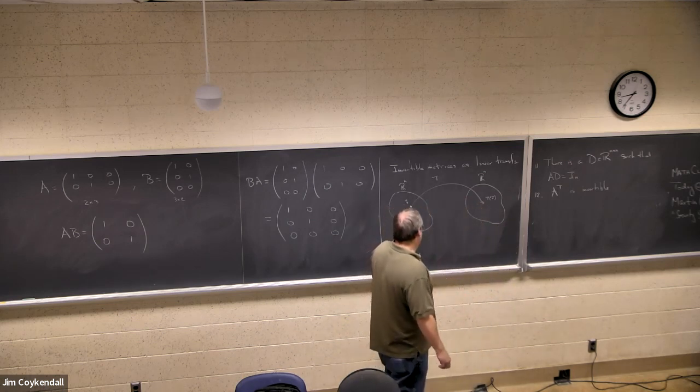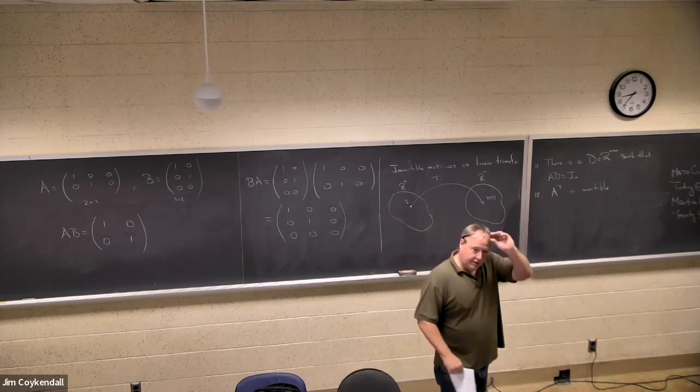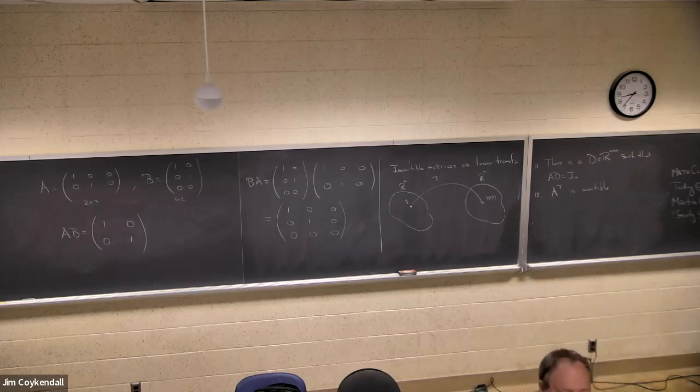What is an inverse? What happens when you multiply a matrix by its inverse? You get the identity, right? And what does the identity transformation do? It leaves everything alone, right? Put in a vector, multiply by the identity matrix, and you get the same.